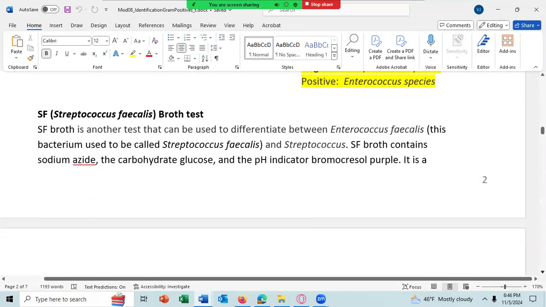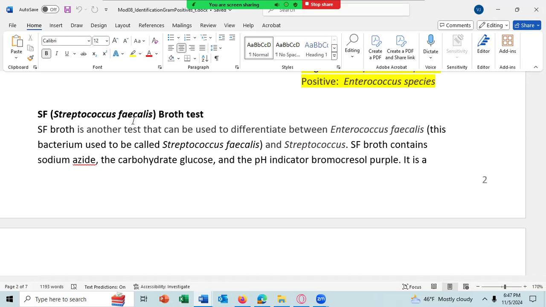All right, the SF broth test was used to differentiate Enterococcus faecalis from Streptococcus faecalis, a bacterium that used to be called Streptococcus faecalis. The SF broth test comes from the species Streptococcus faecalis, which we no longer call Streptococcus faecalis.